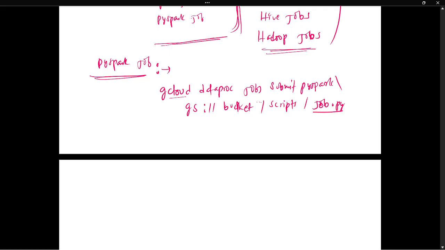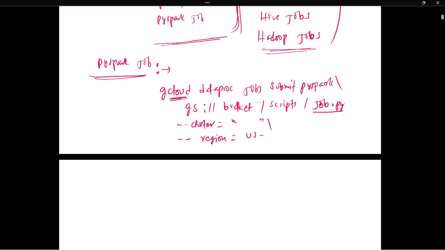Before running this command, you need to enable your Google Cloud console. Then we pass --cluster equals your cluster name. After that, --region equals the region in which you created the cluster, for example us-central1. When you run this command, your job will be submitted.